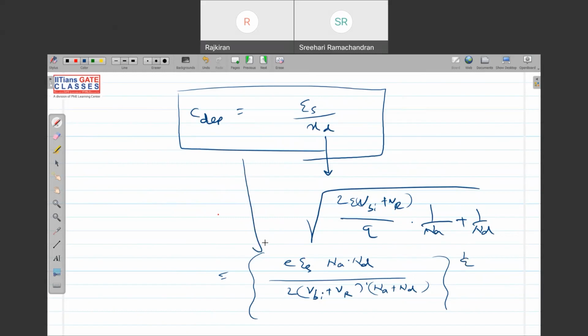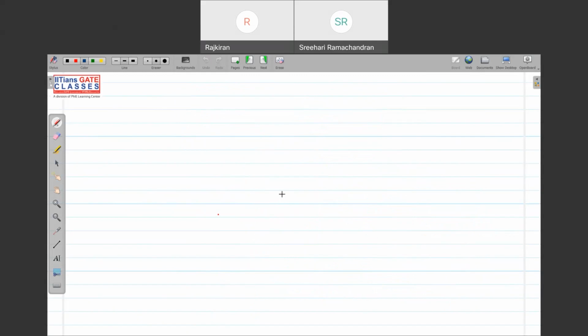This is the expression you will get. If you go home you can do this derivation; if you don't get it, let me know. So you understand this depletion capacitance approach. That is the only important thing. I want only this one.